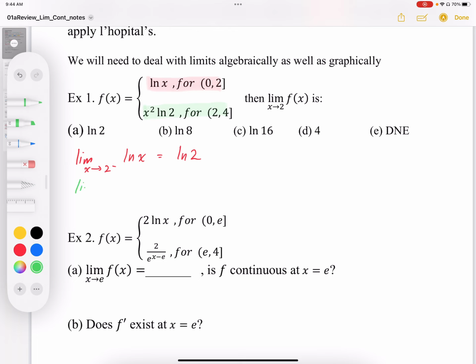The limit as x approaches 2 from the right-hand side of x squared log 2 becomes 4 log 2. So we know that the left-hand limit of f of x is not equal to the right-hand limit of f of x.